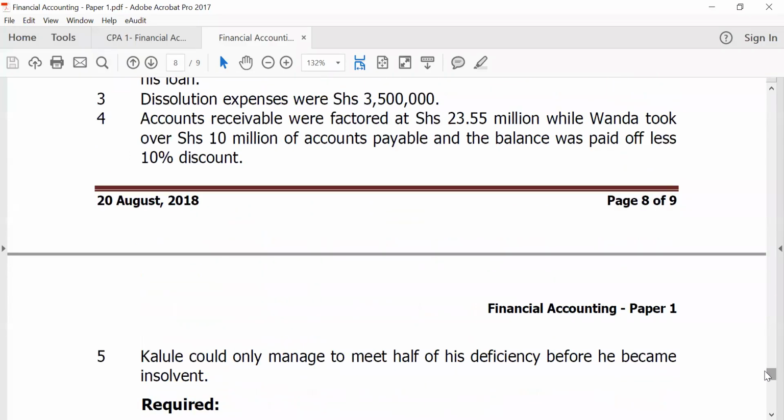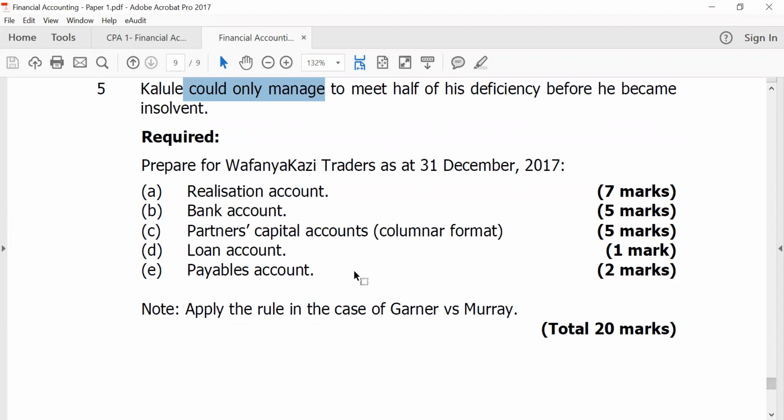They're telling us that Kaole could only manage to pay half of his deficiency before he became solvent. Now they are telling us to apply the rule as per Garner versus Murray. Now you need to understand what the rule of Garner versus Murray basically says when it comes to solvency of partners.